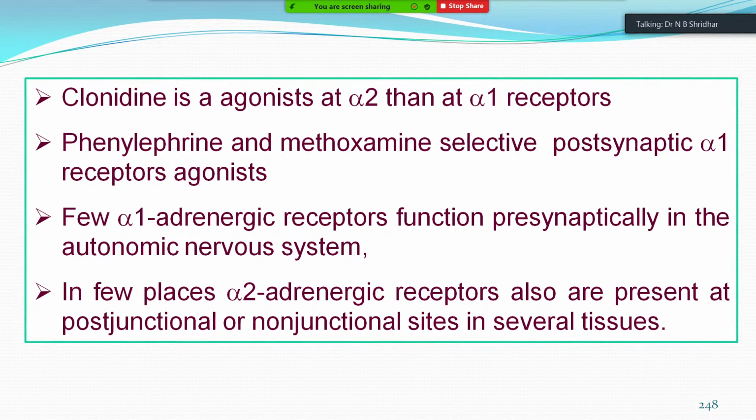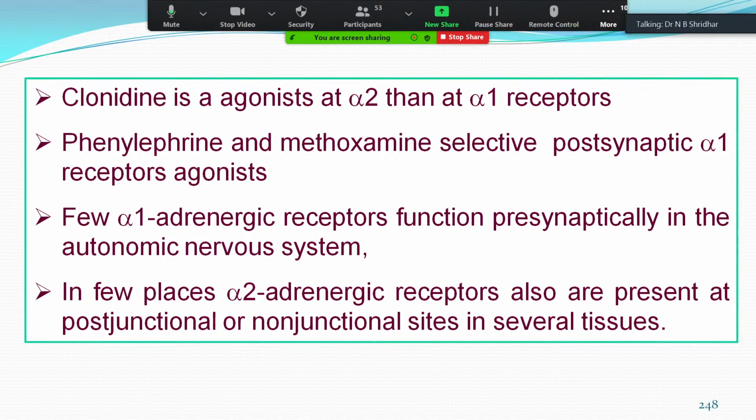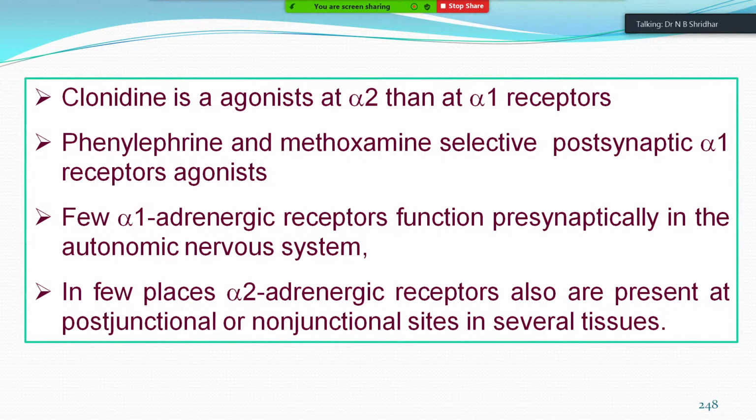whereas few alpha 1 adrenergic receptors function presynaptically in the autonomic nervous system. We have generalized that alpha 2 is presynaptic and alpha 1 is postsynaptic, but that doesn't mean that it's a universal truth. Few alpha 1 adrenergic receptors function presynaptically in the autonomic nervous system. That's also possible. In few places, alpha 2 adrenergic receptors are also present at post-junctional or non-junctional sites in several tissues.